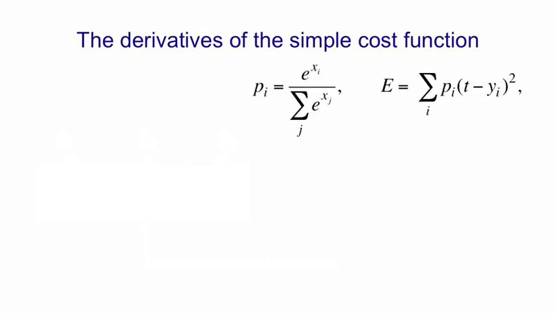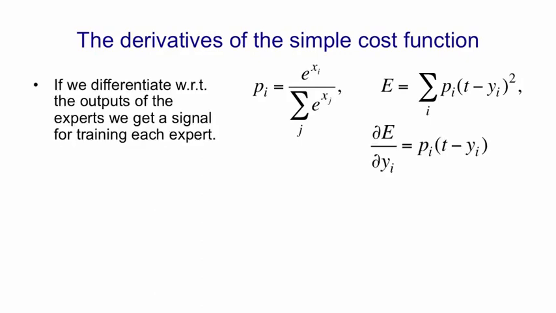If we look at the derivatives of that error function, the outputs of the manager are determined by the inputs xi to the softmax group in the final layer of the manager, and then the error is determined by the outputs of the experts and also the probabilities output by the manager. If we differentiate that error with respect to the outputs of an expert, we get a signal for training that expert.